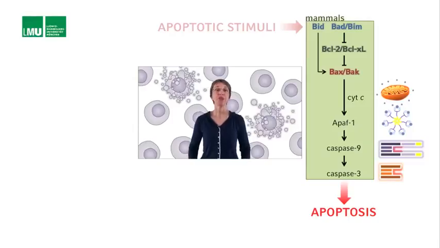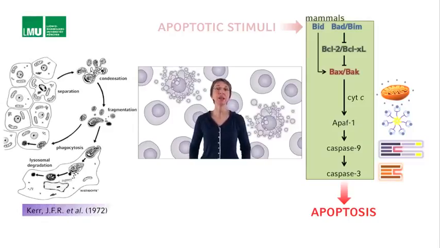Active caspases induce the processes that lead to molecular changes typical of apoptotic cells, such as PS externalization and DNA fragmentation, which altogether result in the dismantling of the cell and its engulfment and degradation.